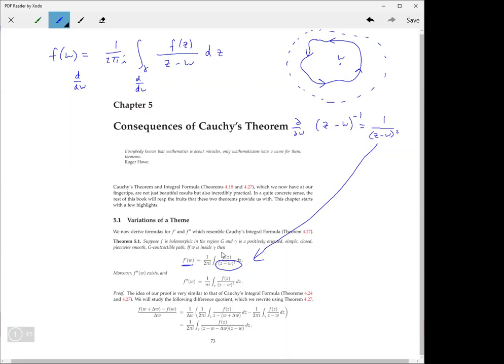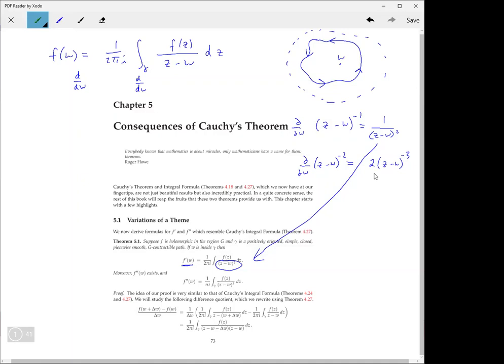So then we have Cauchy's integral formula for derivatives. If you take another derivative, then with 1 over z minus w squared, which is z minus w to the minus 2, you're going to have a 2 come out, and then z minus w to the negative 3, which is what we get right here.